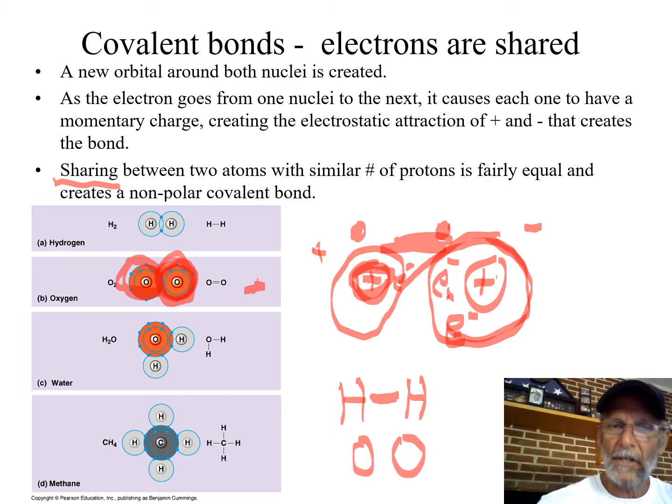Our oxygen was sharing not 1 electron each, but 2. So 1 pair of shared electrons, symbolized by a solid line. The other pair of shared electrons, this kind of bond is simply called a double bond, double covalent bond more specifically. And as you might expect, it's about twice as strong as this single bond.